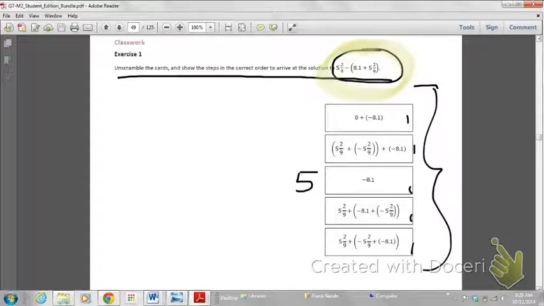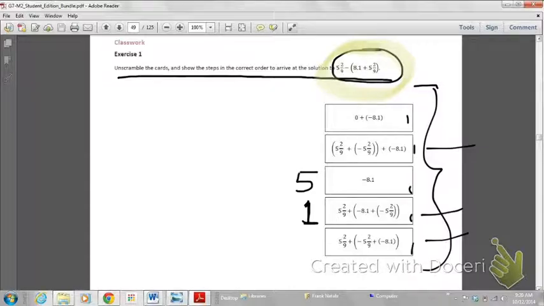While this maybe initially looked pretty simple, it is kind of confusing because all of these look rather similar. But the first thing I would have said would have been done is this one right here. This would have been step 1. With this one, it seems they've changed everything into sums.